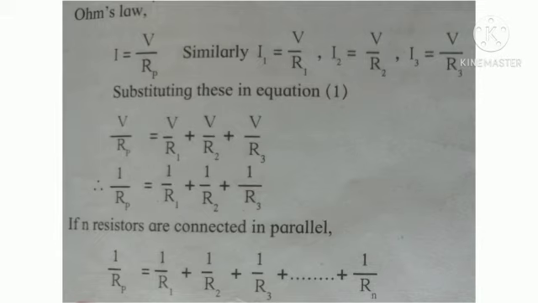Substituting these in equation number 1, V upon Rp equals V upon R1 plus V upon R2 plus V upon R3. Therefore, 1 upon Rp equals 1 upon R1 plus 1 upon R2 plus 1 upon R3. If n resistors are connected in parallel, then 1 upon Rp equals 1 upon R1 plus 1 upon R2 plus 1 upon R3 and so on.